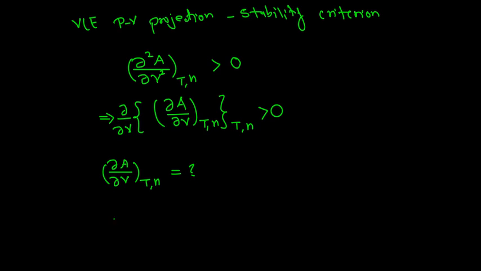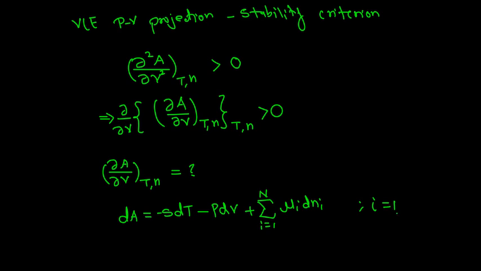We know that dA equals minus S dT minus P dV plus the summation over i from 1 to N, for an N component system, of mu i dn i. Here we have a pure gas, so i is just 1. From here we get del A by del V at constant temperature as negative of P.